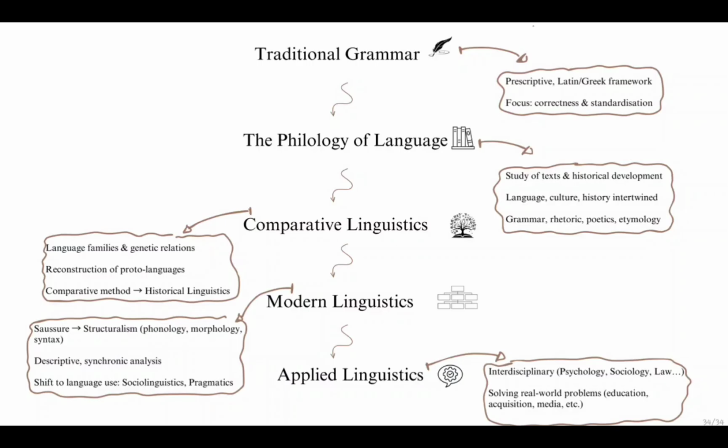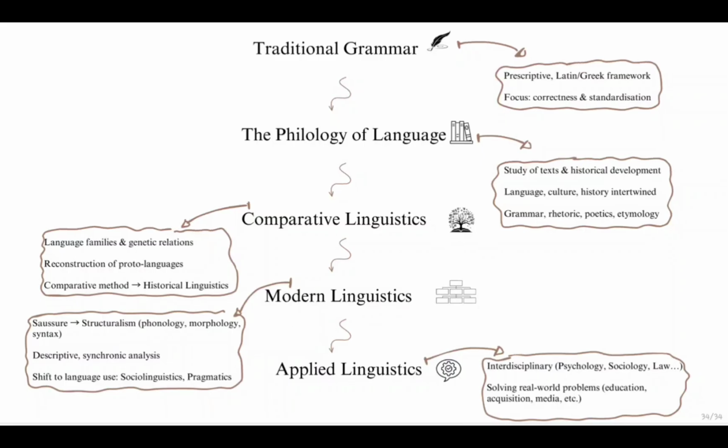Comparative linguistics, we said language families, genetic relationships, we said the reconstruction of proto-languages, and we said comparative methods that informed historical linguistics. And then we have modern linguistics with de Saussure again, structuralism, all right, phonology, morphology, syntax, as subsystems.